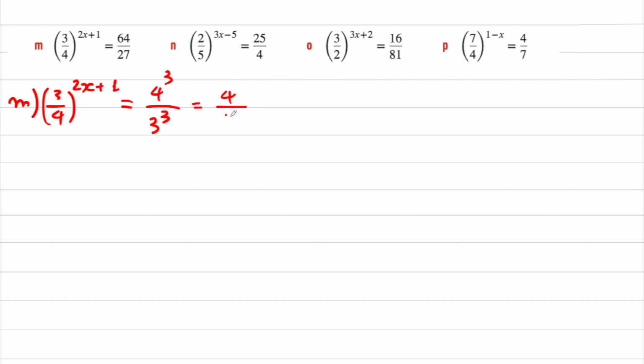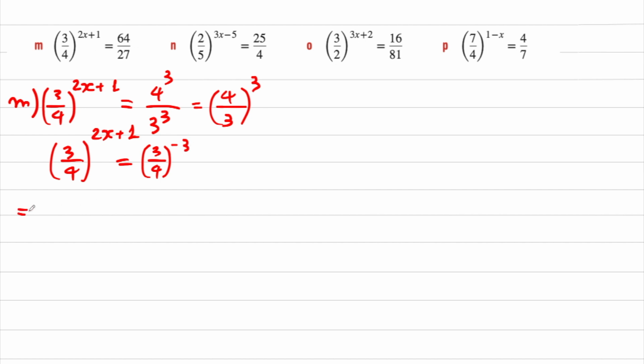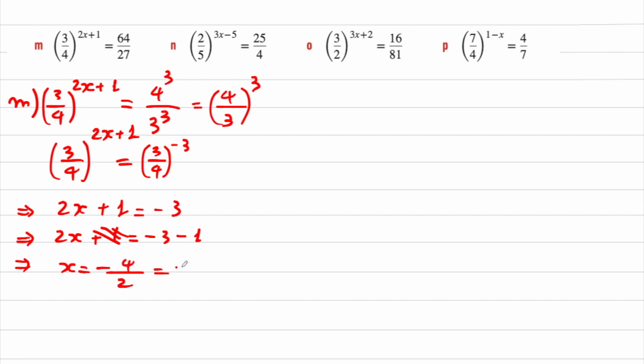This is 4 over 3 cubed here, and then I need base number 3 over 4 to the power 2h plus 1. So this is 3 over 4, and the power outside has to be minus 3, and then 2h plus 1 equals negative 3, and then 2h equals negative 3 minus 1, and then you got h equals minus 4 divided by 2, minus 2.